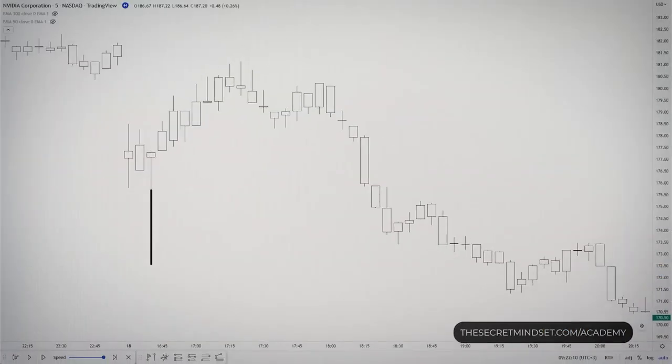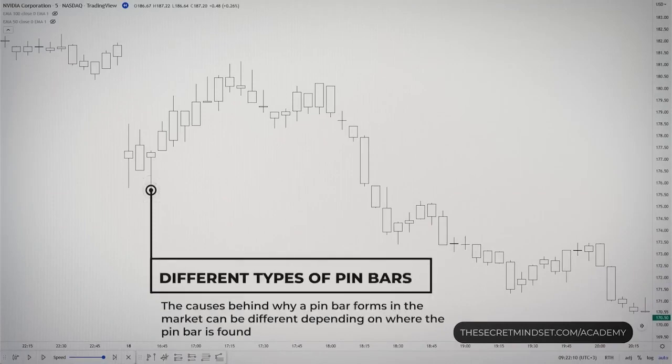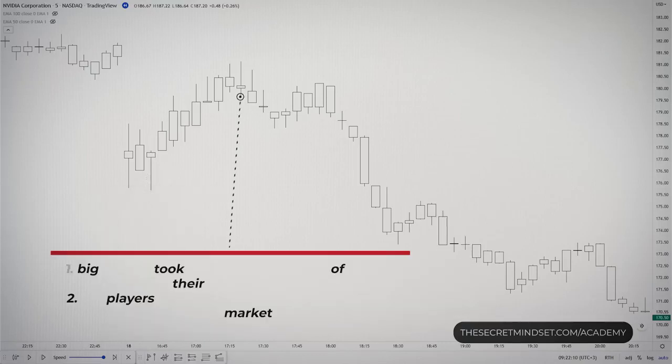If you didn't already know, there are different types of pin bars which appear in the market. When I say types, I don't mean one pin bar has a bigger wick than the other. I mean the causes behind why a pin bar forms in the market can be different depending on where the pin bar is found. There are two main causes.